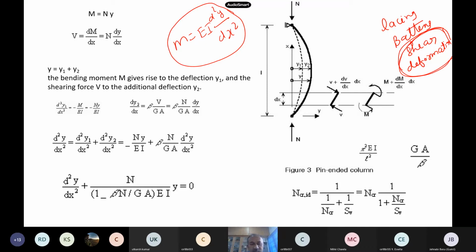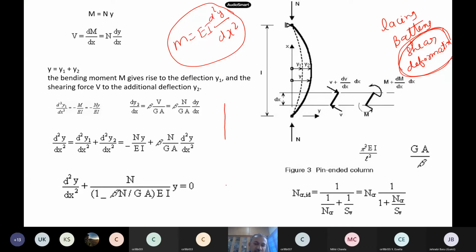In your mechanics you have studied M by I. The beam is isotropic and homogeneous, and the deformation is small. That is fine, but what else? The plane sections remain plane. Not only do they remain plane, but one more additional thing you have to do.